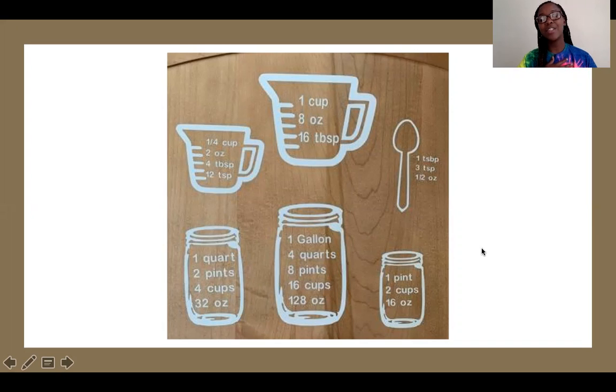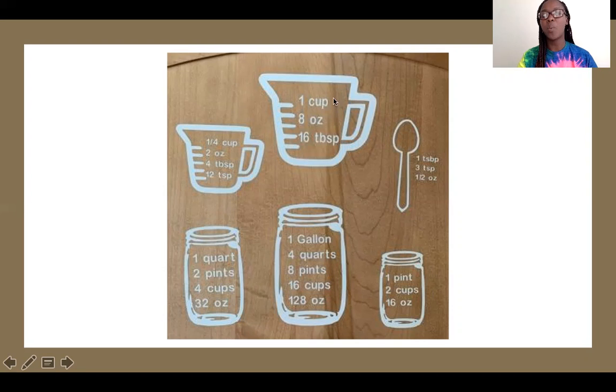I don't usually use measuring cups. I just put things together. But if you use measuring cups and spoons, this is how they come. So you have over here 1 cup, which is the same thing as 8 ounces or 16 tablespoons.